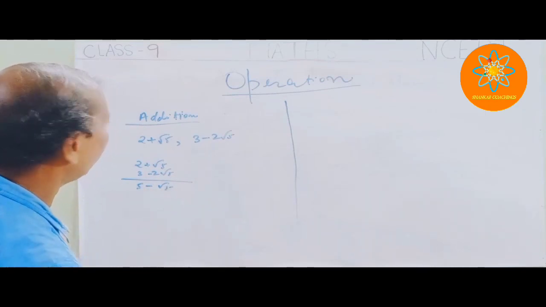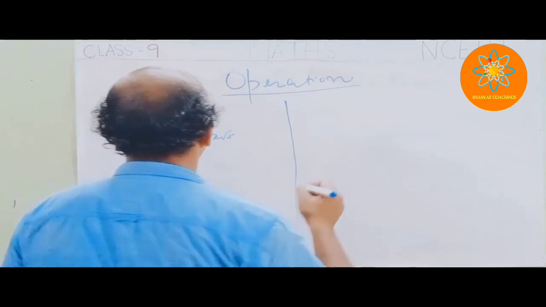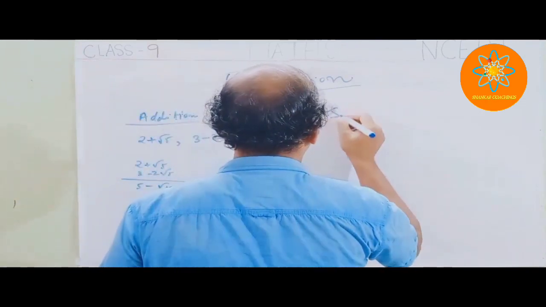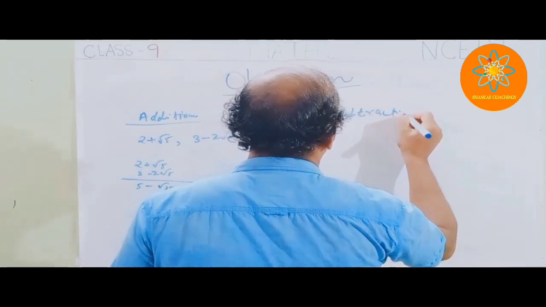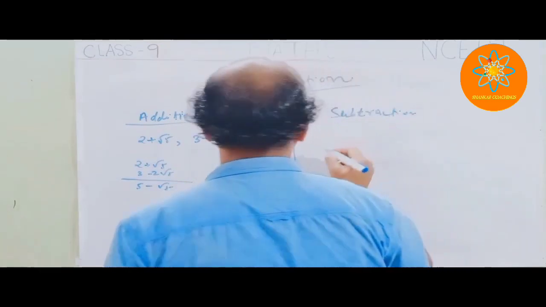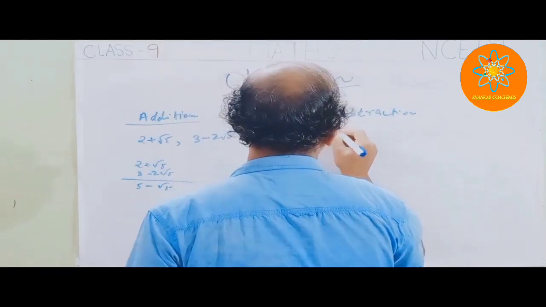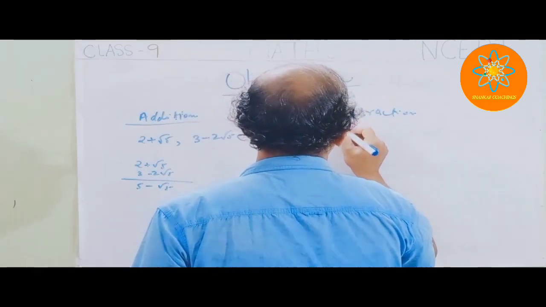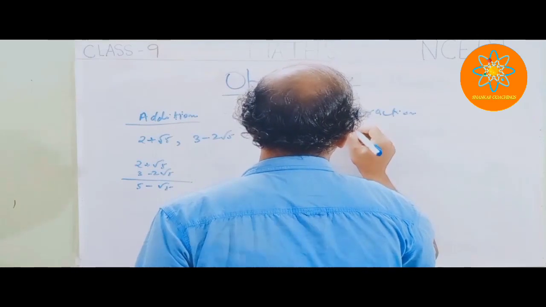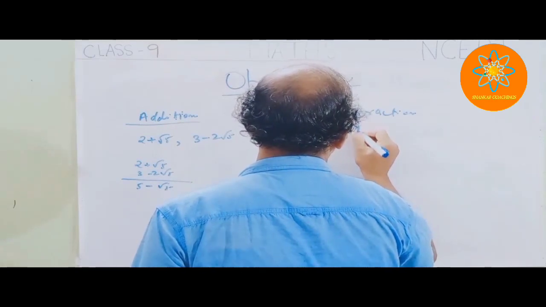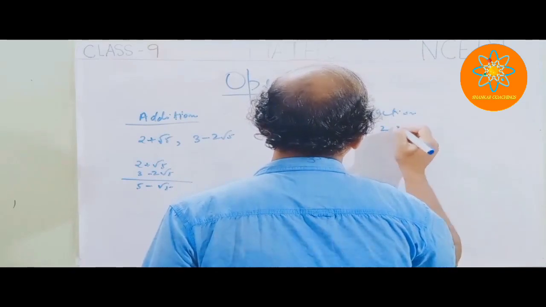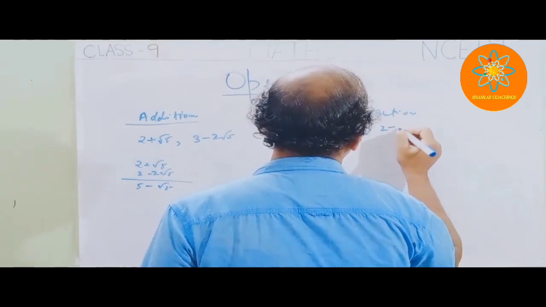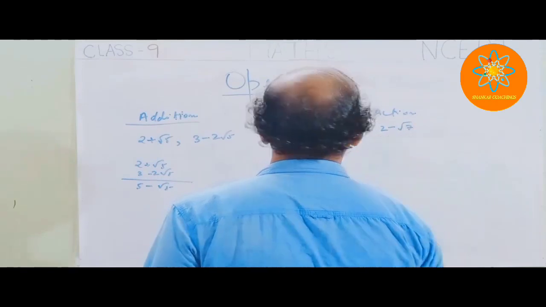Now come to the next one, that is subtraction. In the subtraction case, suppose I want to subtract 3 plus 2 root 7 and 2 minus root 7.